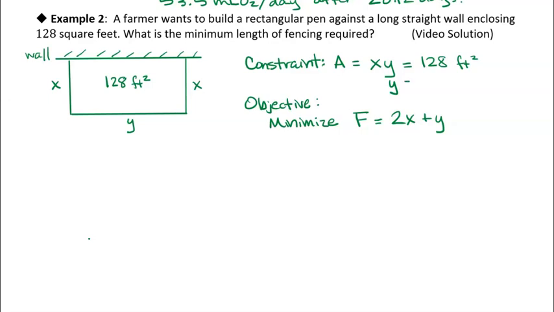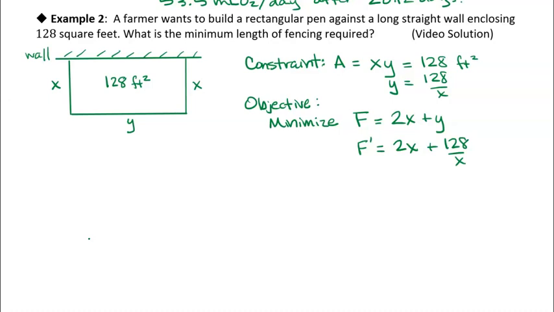So y is equal to 128 over x, if I just divide both sides by x. And now I have a relationship between x and y, and I can replace the y in this formula down here. So I have 2x plus 128 over x. That is my objective function now written in terms of only x. I had to eliminate that variable.